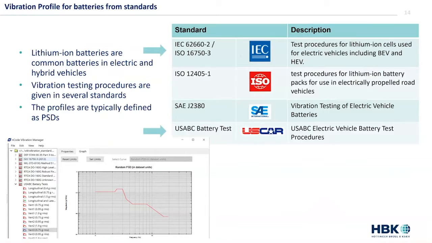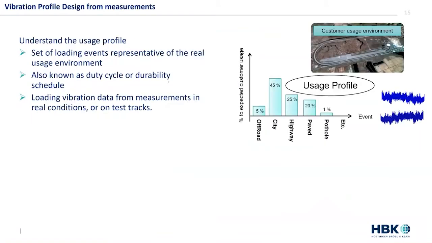But what we tend to recommend is to get hold of some real data if you can. What I'm saying is you can synthesize, you can design a vibration profile based on in situ measurements. So the first thing to do, if you want to go this route, is to understand the usage profile.